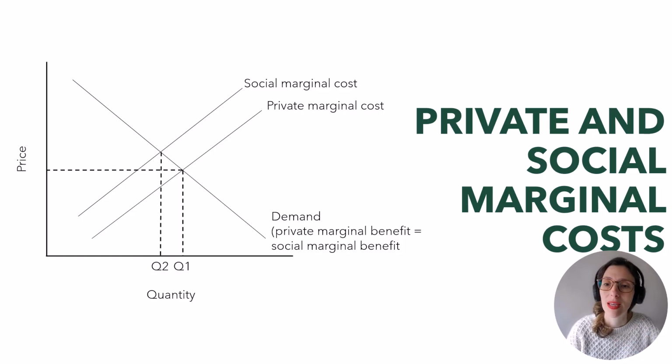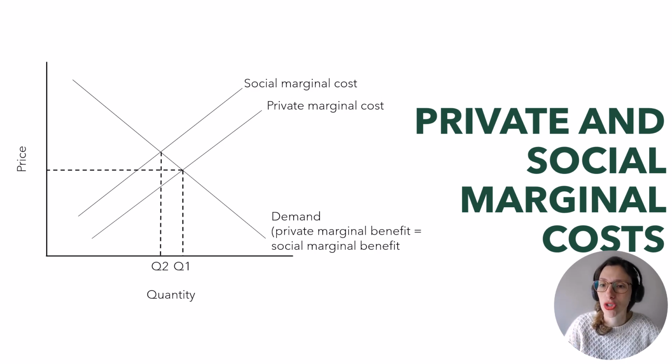In contrast, the marginal social cost includes not only the private marginal cost, but also the marginal external damage, which is the cost imposed on others that the firm does not pay for. These external damages are real and measurable, but they are absent from the private decision-making process. And this difference is precisely what creates inefficiency.